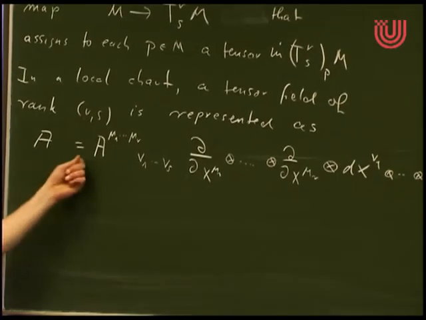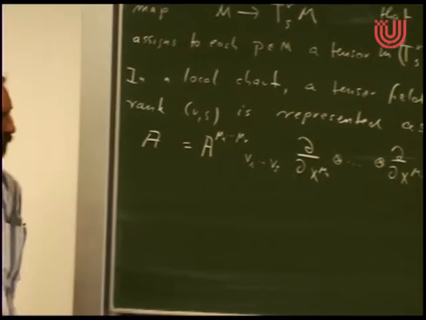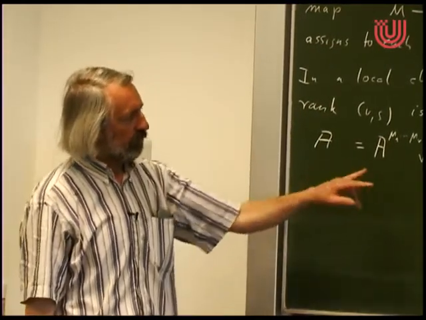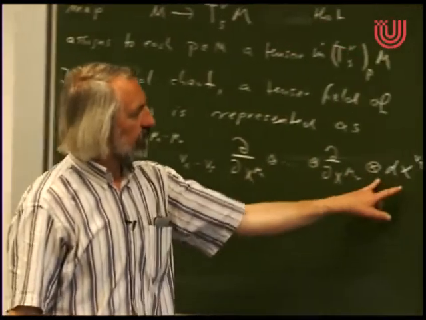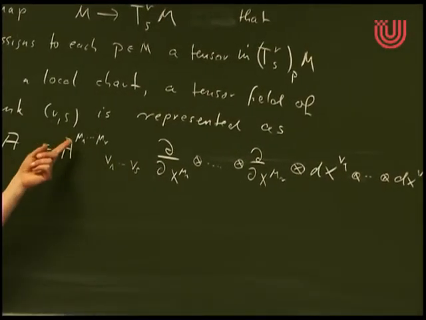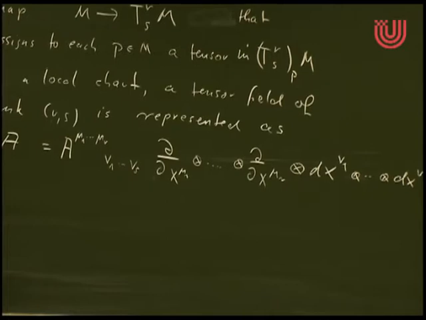And now we could ask ourselves, how do these things transform under change of coordinates? And I hope you allow me to skip the details of the calculation, because they are a little bit boring, and I think it's quite obvious now. Even without doing the calculation, you should be able to guess what happens, because we have calculated how these things transform. So this obviously implies that every upper index must transform with the Jacobi matrix, and every lower index must transform with the inverse Jacobi matrix.